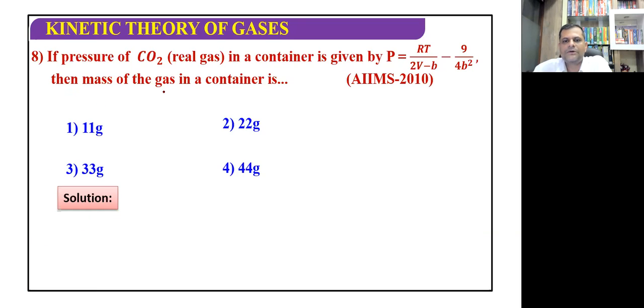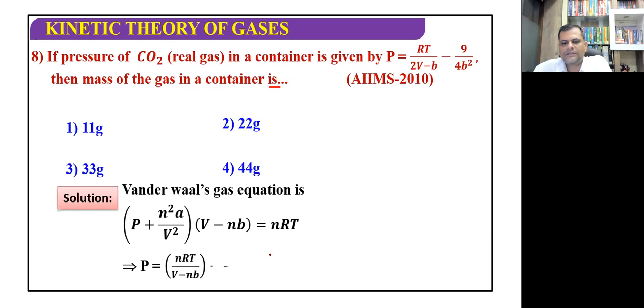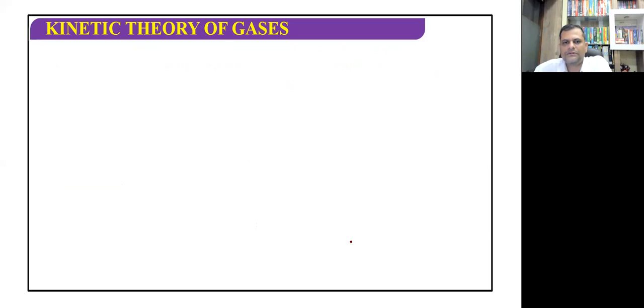Okay, then the mass of the gas in the container is, yes, so what will be the mass of the gas in the container? This is again actually out of the scope of your syllabus. Need not solve. Forget about it.